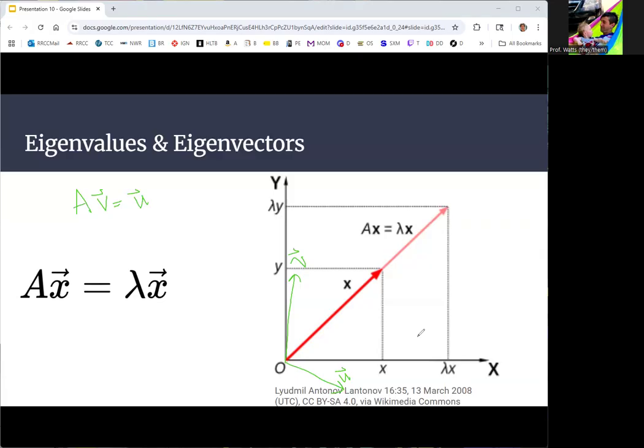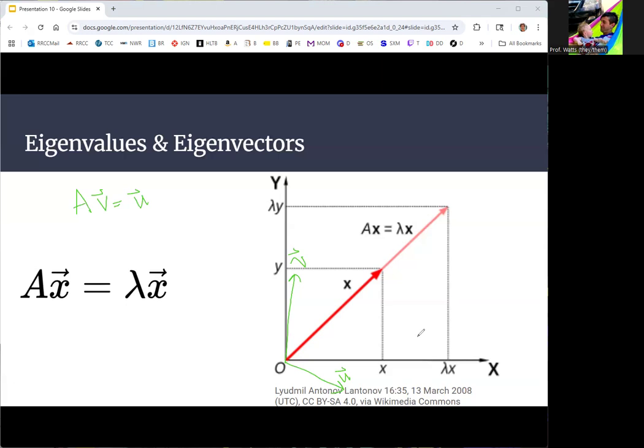But for most matrices, there are special vectors so that when the matrix acts on the vector, it gives you a vector in the same direction, meaning along the same line, but the magnitude may change. That vector is called an eigenvector. The way that it changes, the scaling factor, is the eigenvalue.